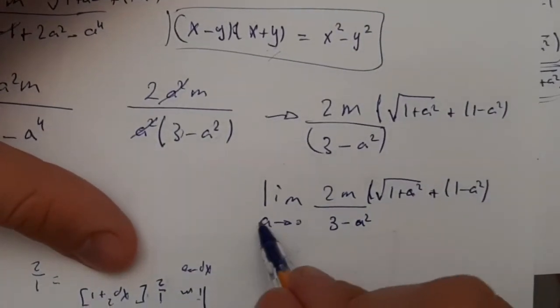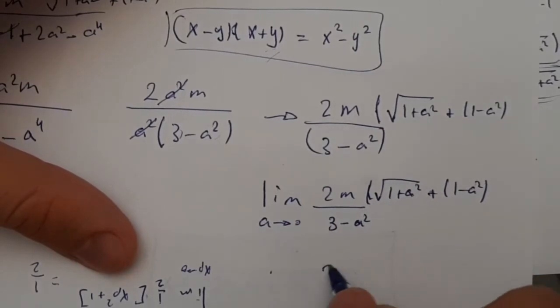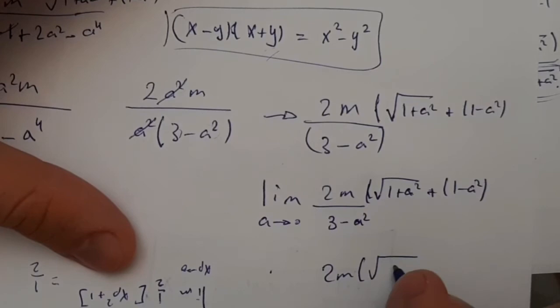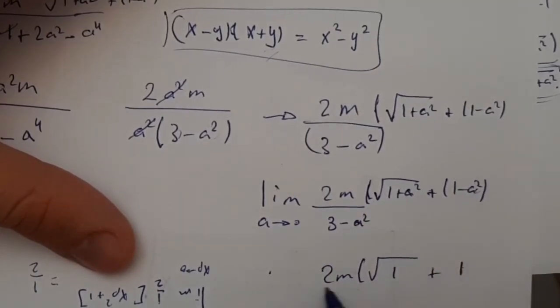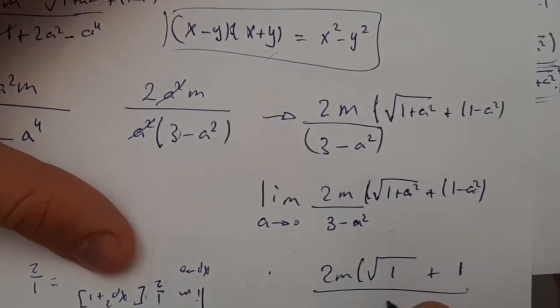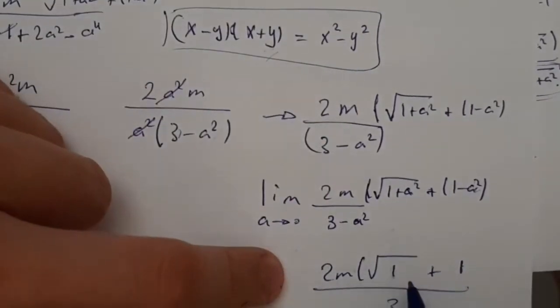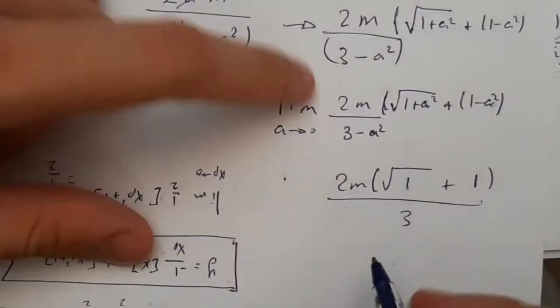So when a goes to 0, we will have that it is 2m, well, square root a goes to 0, so just m, plus this goes to 0, so it is plus just 1m, divided by 3 minus 0, so it's just 3, okay? So the square root of 1 is 1, plus 1 is 2, multiplied by 2 is 4.